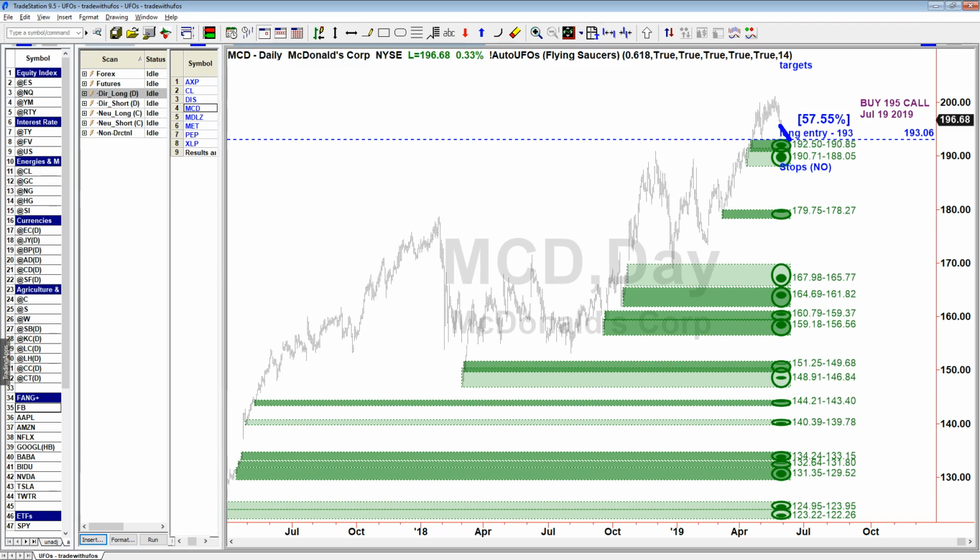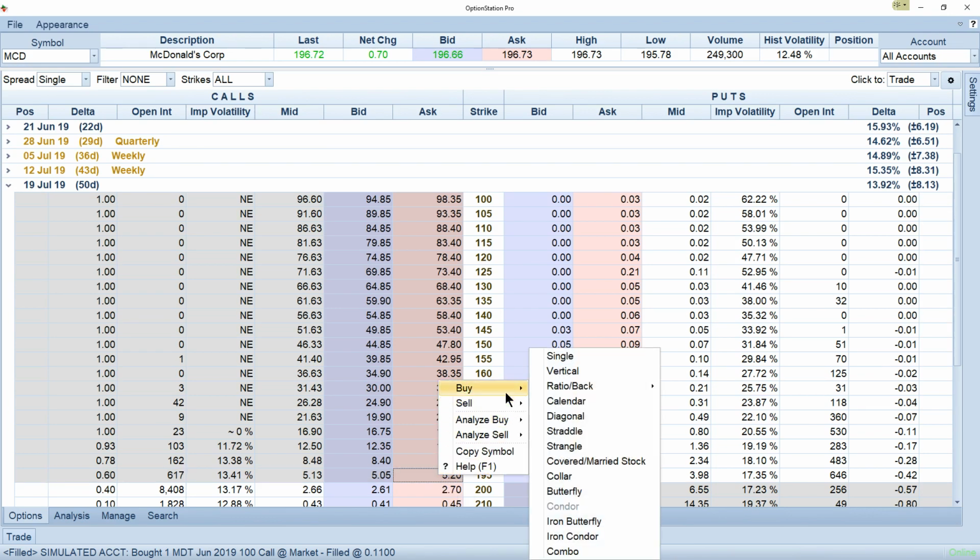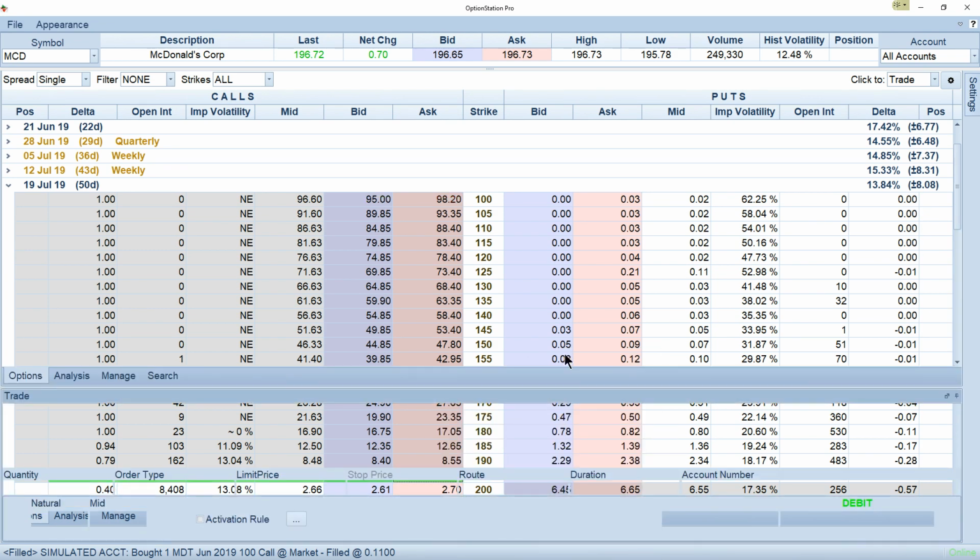And by the way, you can automate that. So let's do it. I'm just going to place an order to buy the 195 call. Right click and buy. Buy a single call. It's giving me access to the order bar.